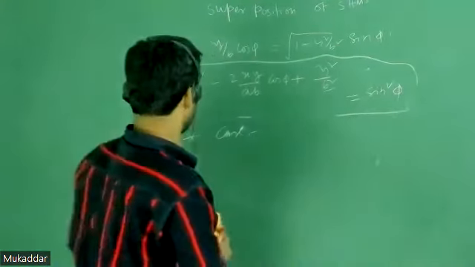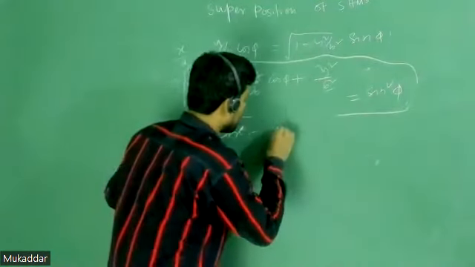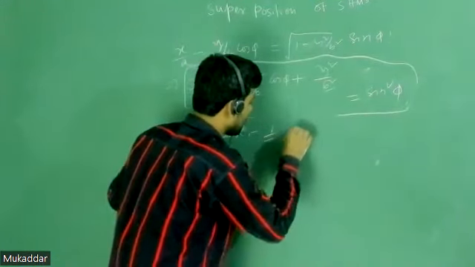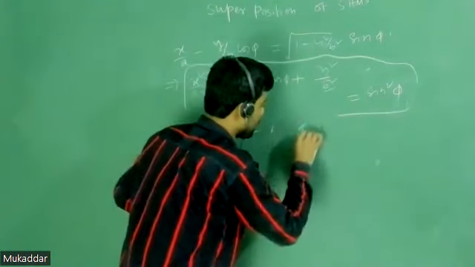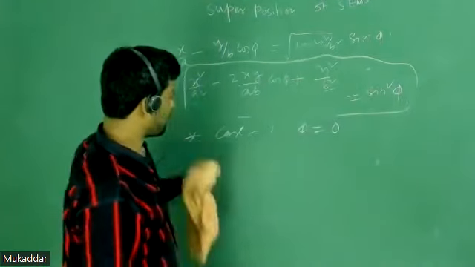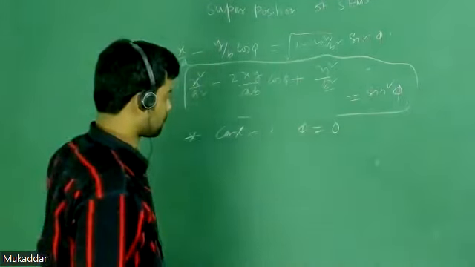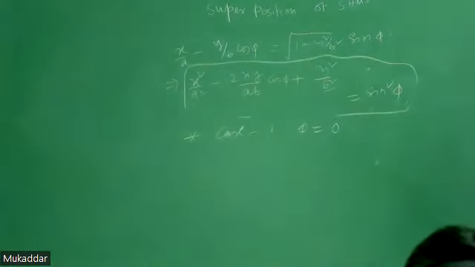Okay. So the trajectory will depend upon the phase. If you take case number 1, phi equals 0, now tell me what will happen to that equation.